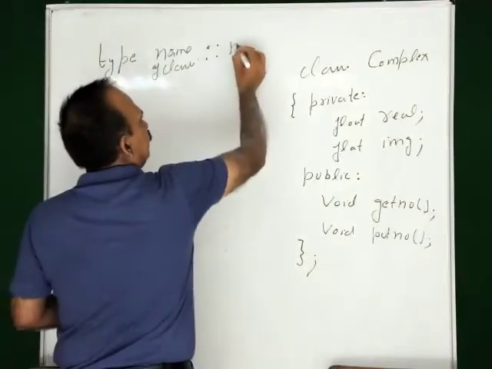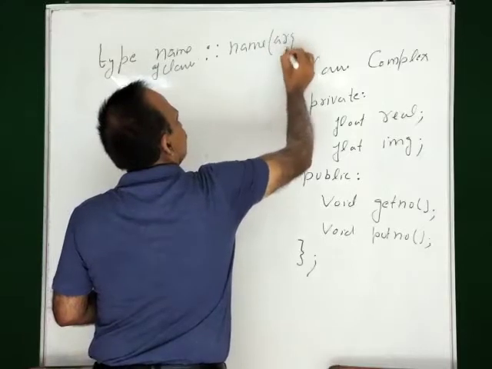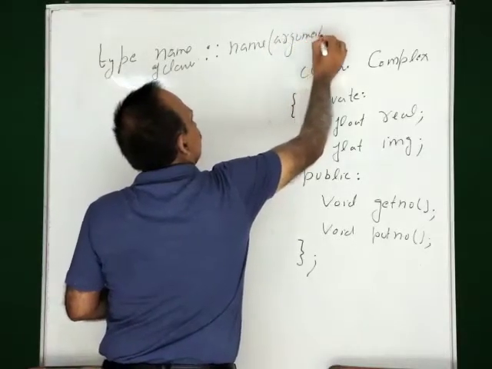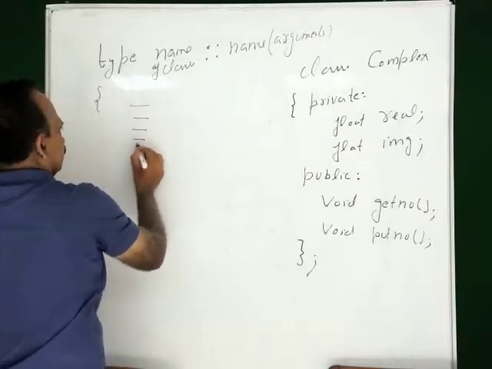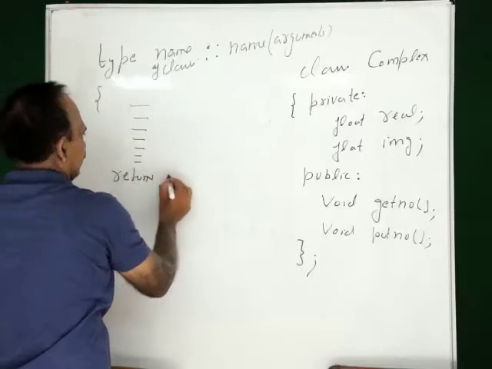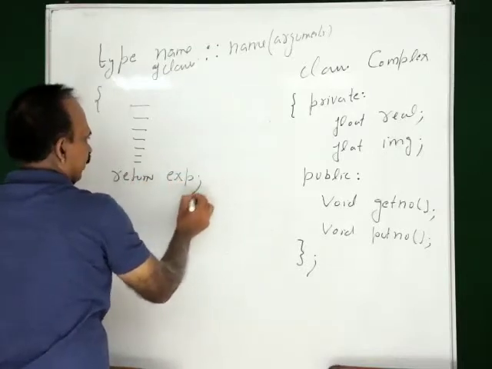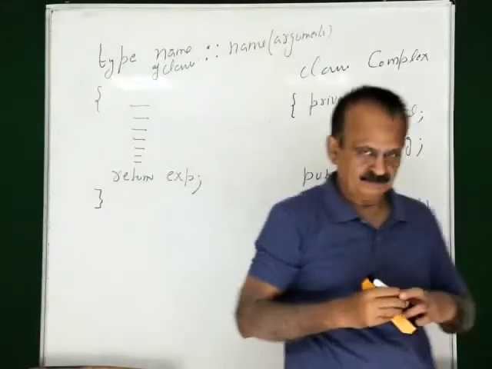Then the name of the function, in brackets the arguments, braces, the logic of the function, and the return expression, semicolon, end of this function.